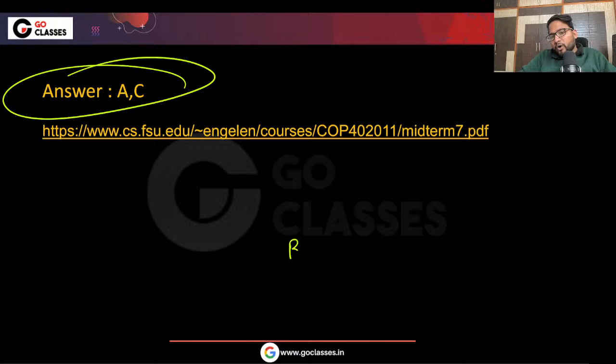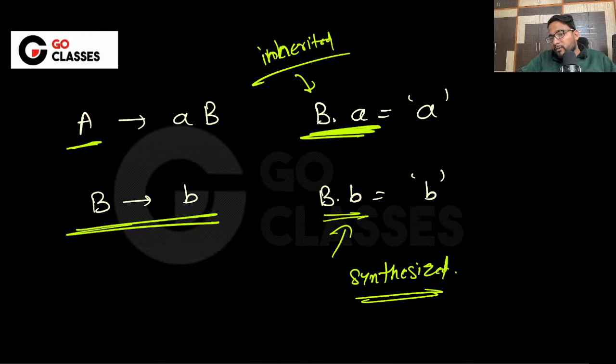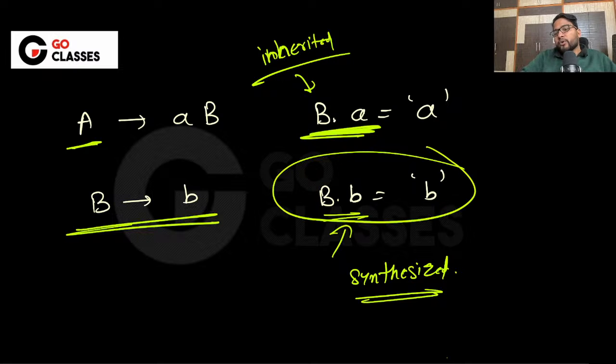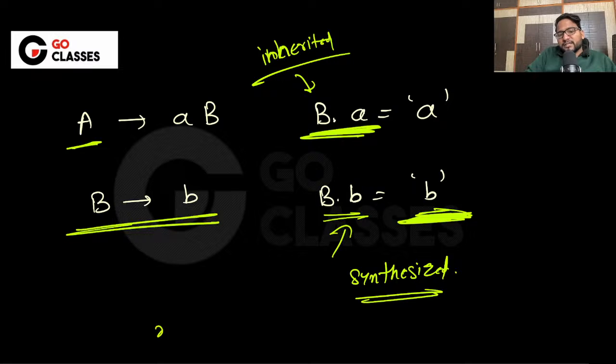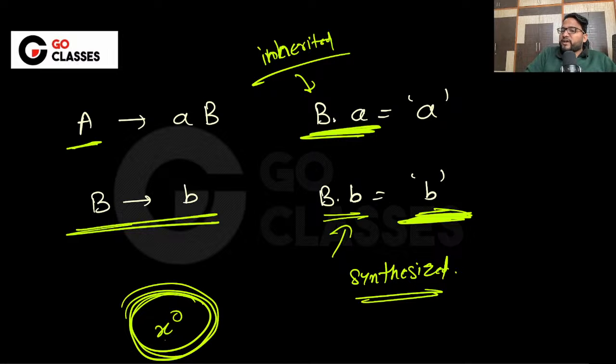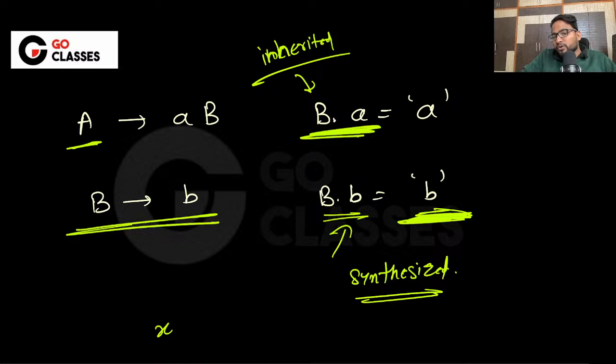No, here B.B, which I'm saying here, synthesized attribute says that you are going to take the attribute from the children, right? Even if it is a constant, that's okay. You can say it's a constant function of the children. Tell me, is this a function of x? Yeah, it is a constant function, you can treat it as a constant function of x. So basically, this is a constant number.